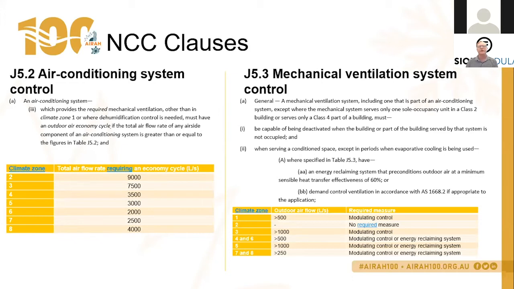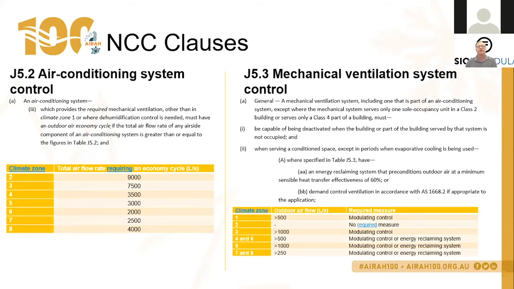J5.3, mechanical ventilation in regards to the outside air control. There are two methods. You can use a heat exchanger or preconditioner, so you use an energy reclaim system. That can be a preconditioner on the outside air, or it can be an energy recovery ventilator.